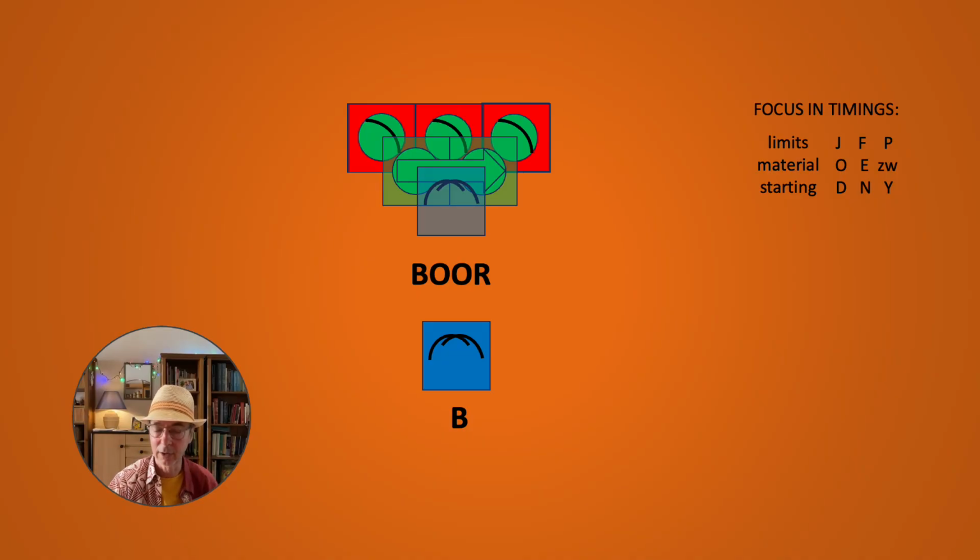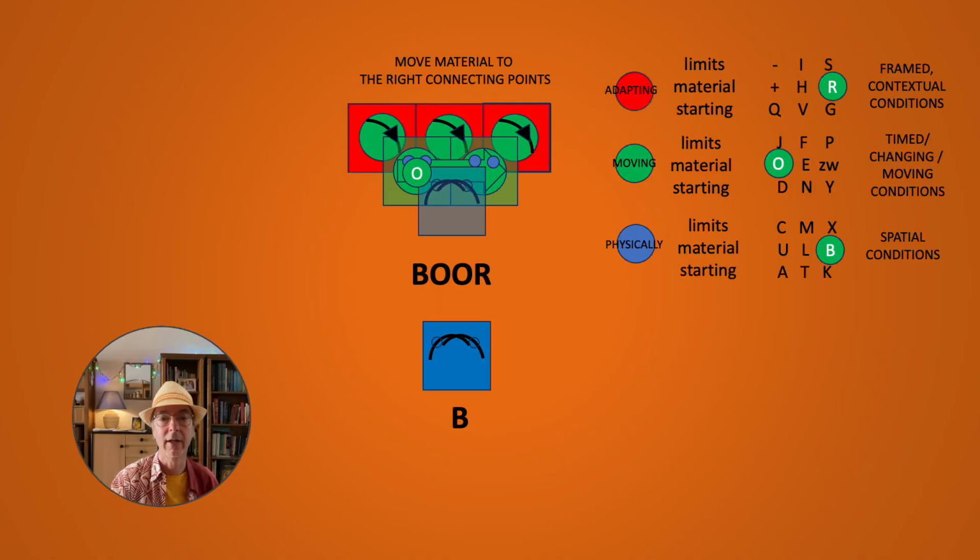The B will be used onto O, and if we use this as a pattern, then we already know where we will be able to move our material into the right connecting points. These connecting points are visible.